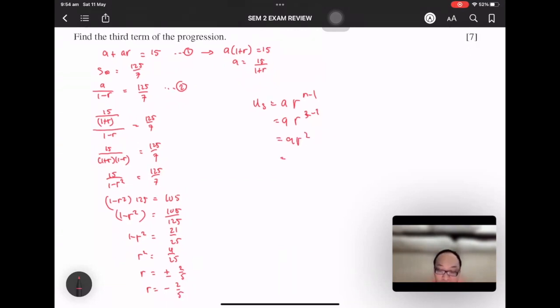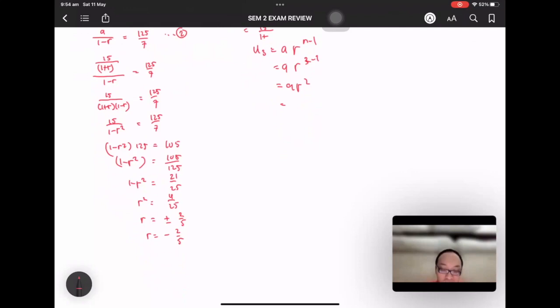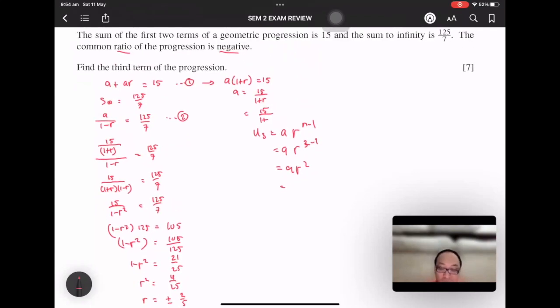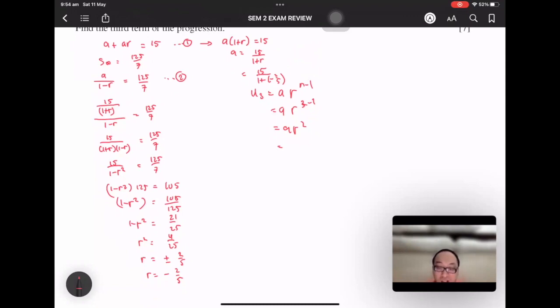What is A? A we found from here: 15 over 1 plus R, where R is negative 2 over 5. This equals 15 divided by 1 minus 2 over 5, which is 25.